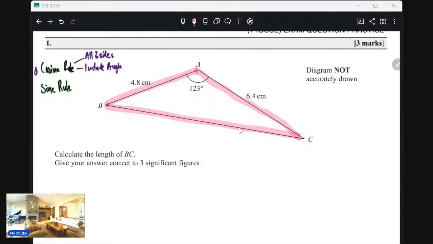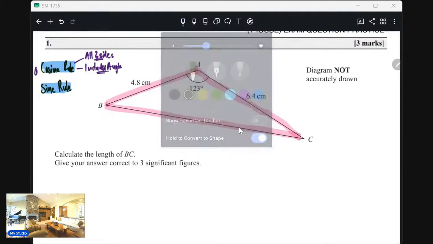Because there is no right angle, everything has reasons. You say, because there is no right angle, the methods I have are the cosine rule and the sine rule, right? Then you should now say, cosine rule is for all three sides or included angle. Then sine rule is for any other situation. So now let's check. Okay, we've written properly.